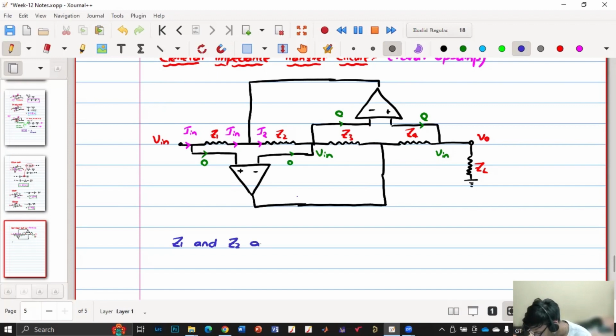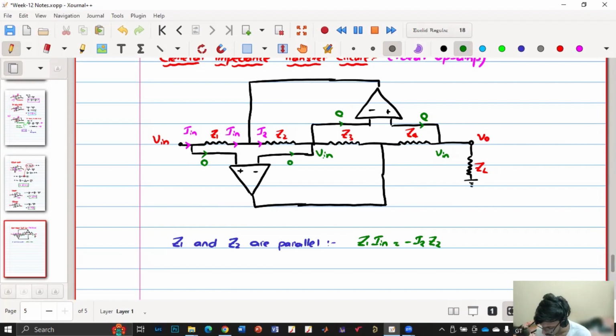Do you agree? So now, if they are parallel, the current into impedance should be equal, since the voltage is the same because they are parallel. But if you see, the current direction is opposite, so I'll get Z1 into I in is equal to minus I2 into Z2.